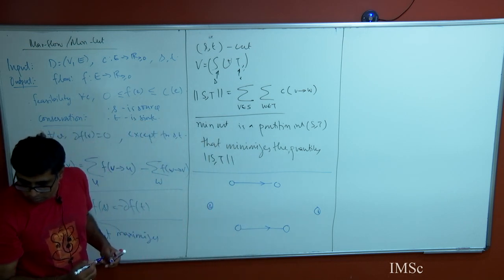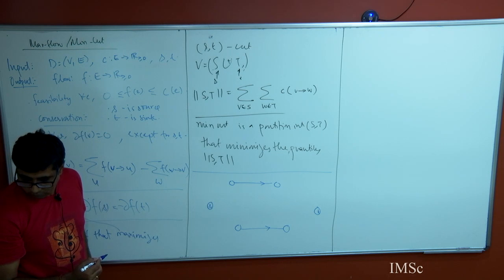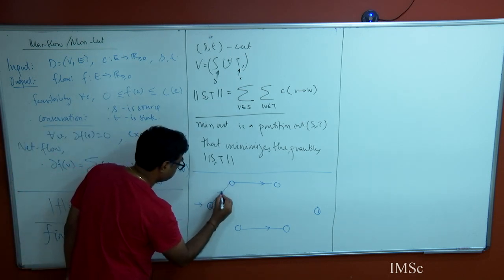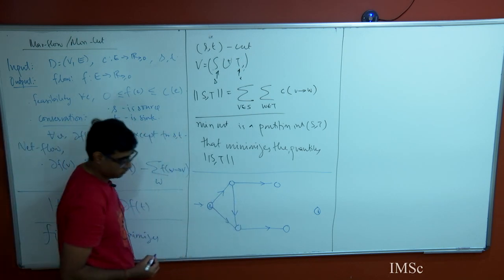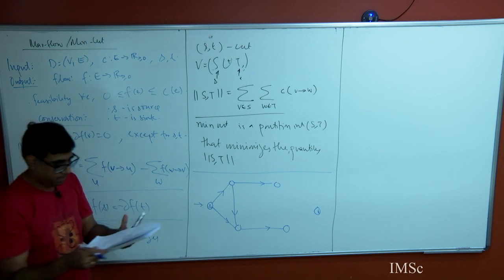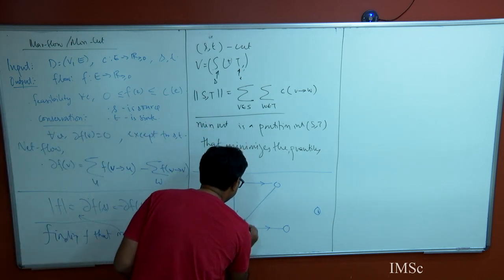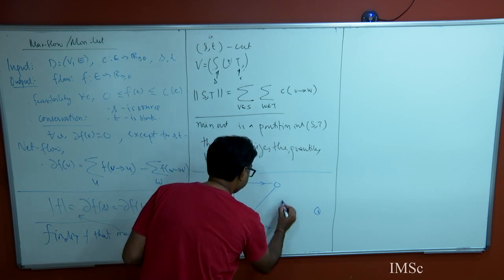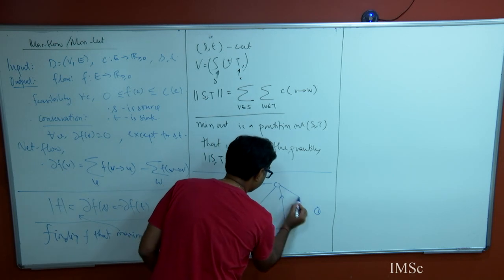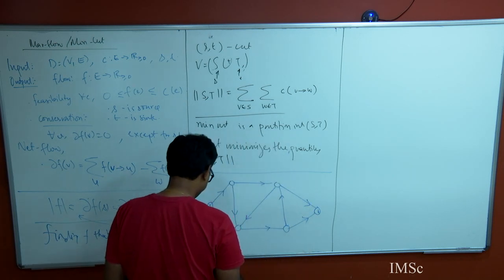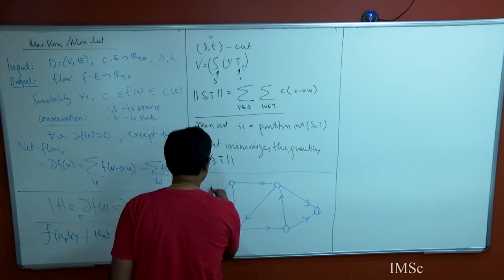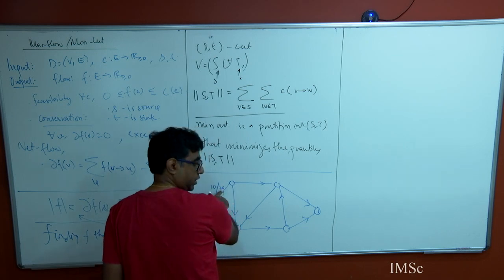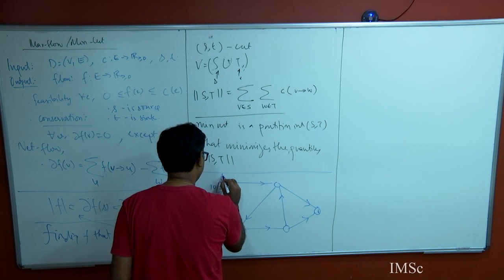This goes here, comes here. So this is a network, a directed graph, and so 20. Whatever the second thing, this is capacity, and this is flow.